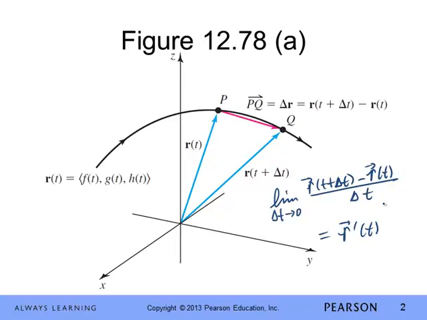And do you see that as delta t shrinks to 0, that Q is going to coincide with P, and that difference quotient, delta r over delta t, will give you the slope of a vector that is tangential to the curve.